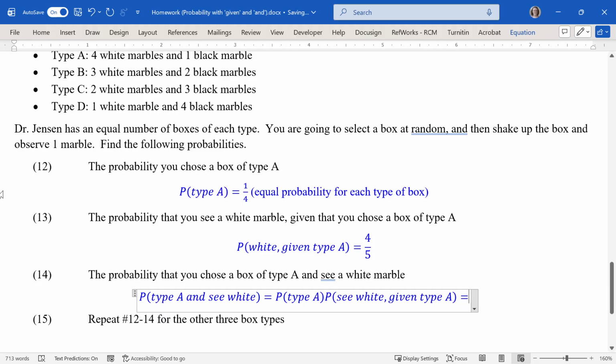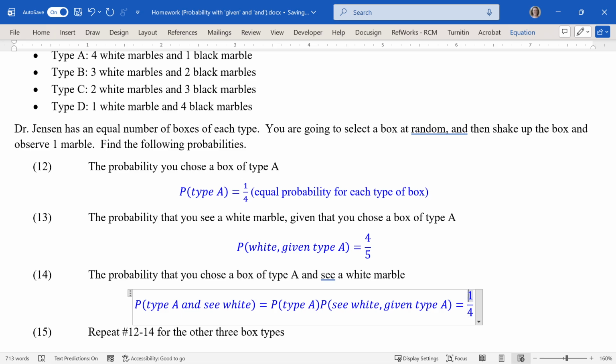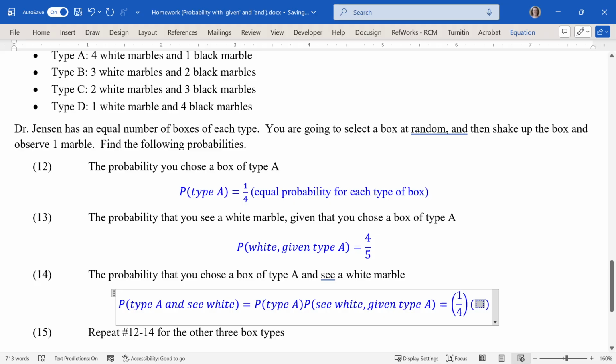And these are the 2 answers that we just calculated up here. So the probability of getting the type A box is 1/4, and we're going to multiply that by the probability of the second event given the first event. So the probability of seeing white given that we have type A box is 4/5.